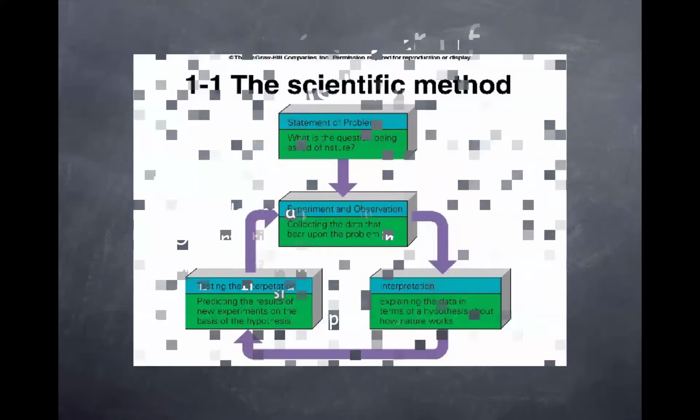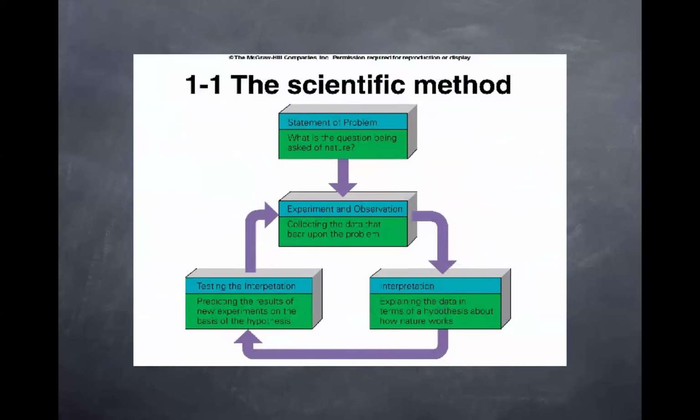So, for your scientific method, first of all, you start with the statement of the problem. You ask, what is the question being asked of nature? Once you get to that, then you can go into the second part, which is going to be your experiment and observation, which is collecting data based upon the problem.